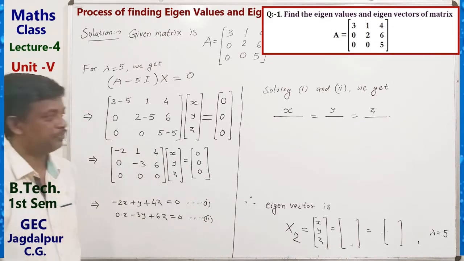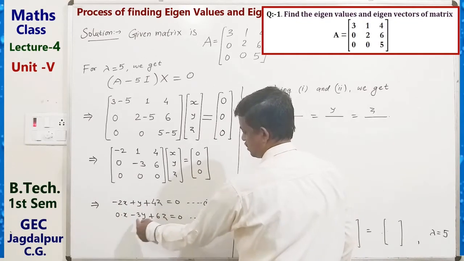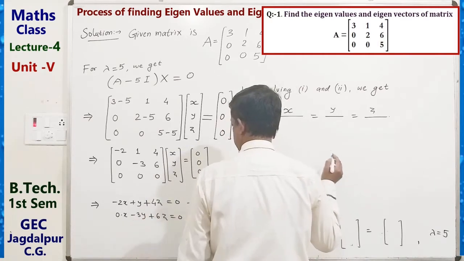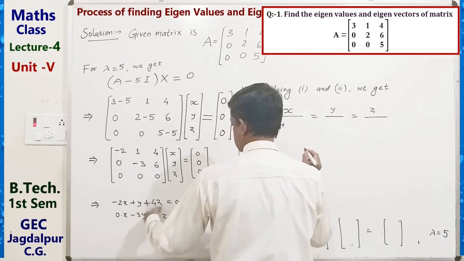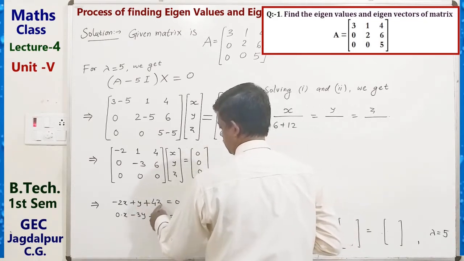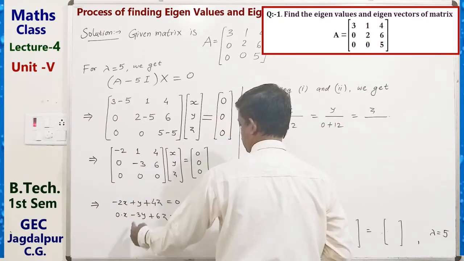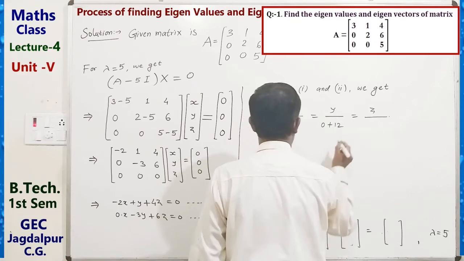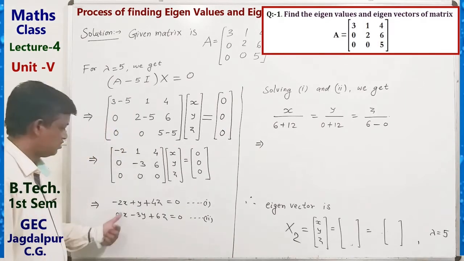Now solving this, x upon 6 plus 6 plus 12, and y, 0 plus 12, and for z, 6 minus 0. So we get what? By cross multiplication solving it.